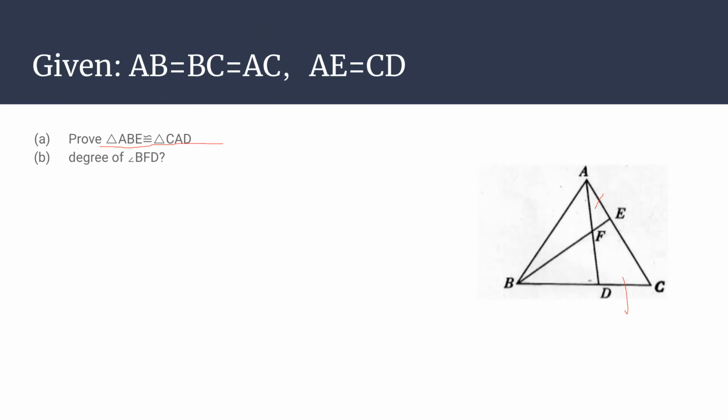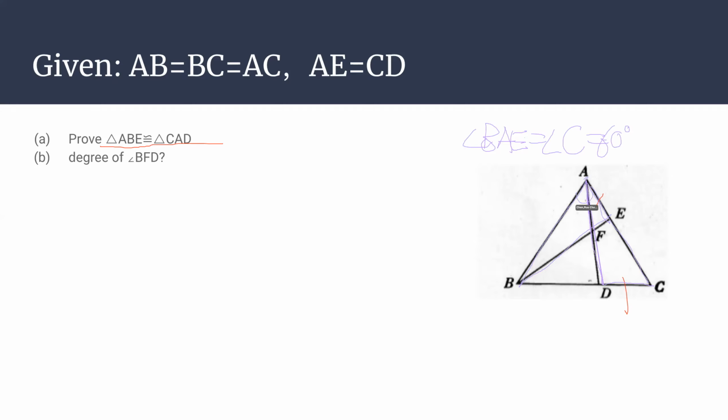Now we're asked to prove ABE is congruent to CAD. First, we mark these triangles, like this one and this one. An important thing to know is that angle BAE equals angle C, which is 60.